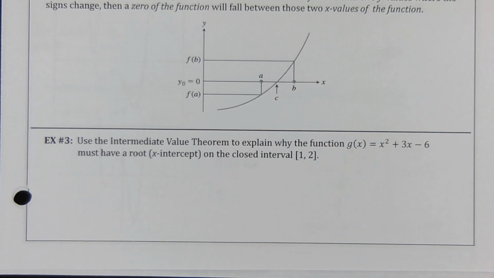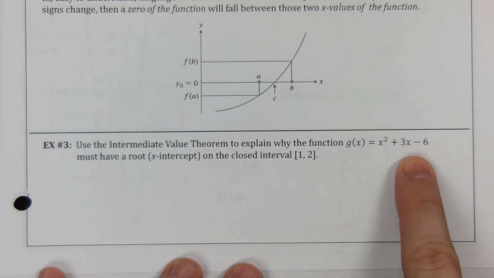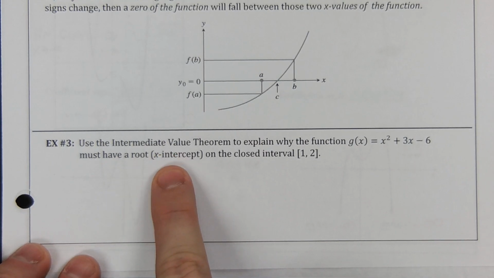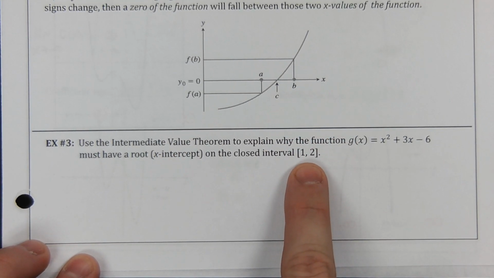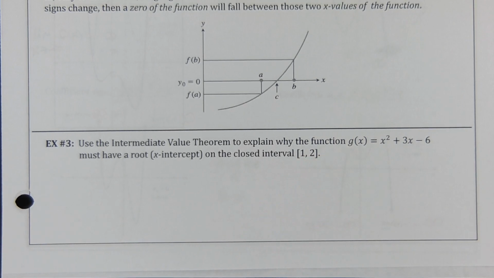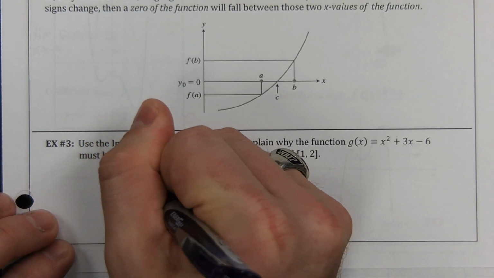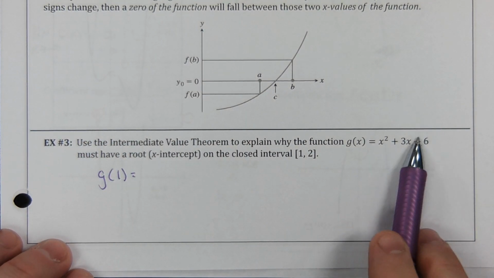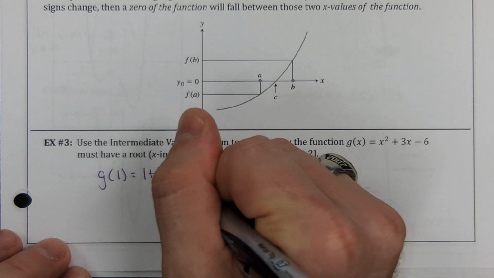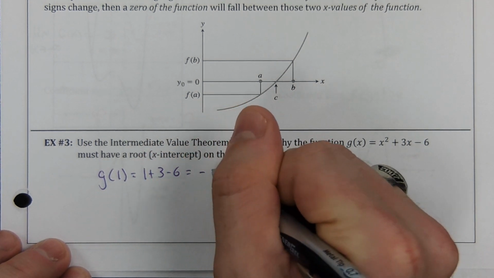It says use the intermediate value theorem to explain why this function must have an x-intercept on this closed interval. That means between these 2 x's. It's a very simple thing to do. Let's figure out what our y values are. Plugging in a 1 here, you get 1 plus 3 minus 6, which is negative 2.